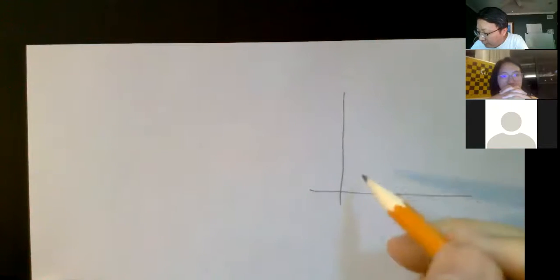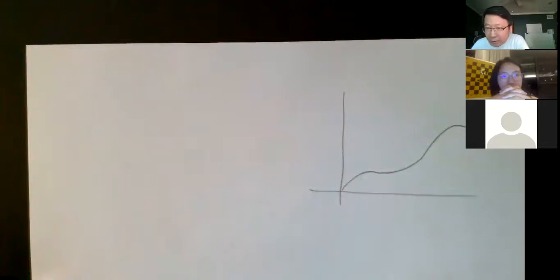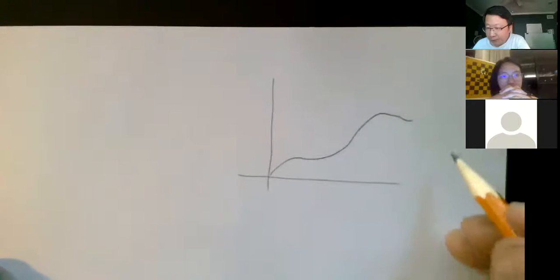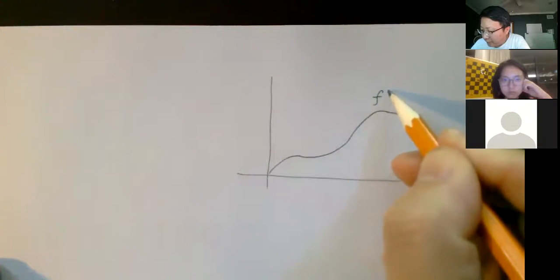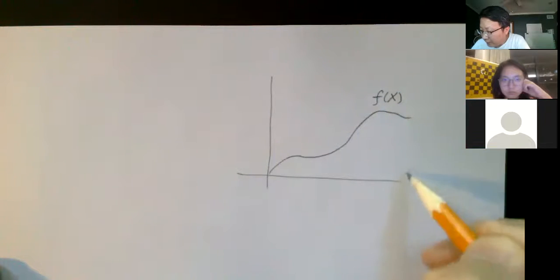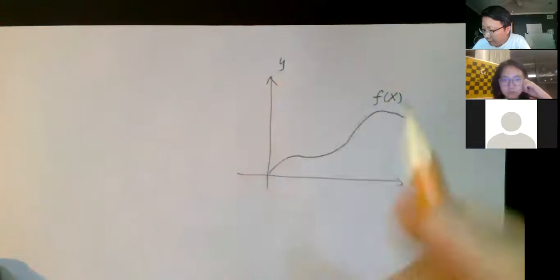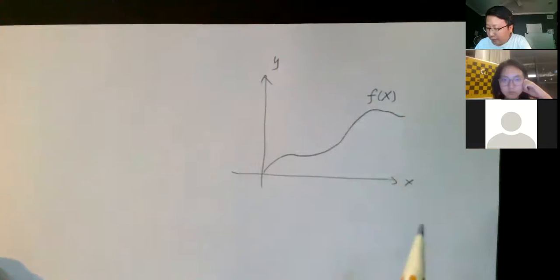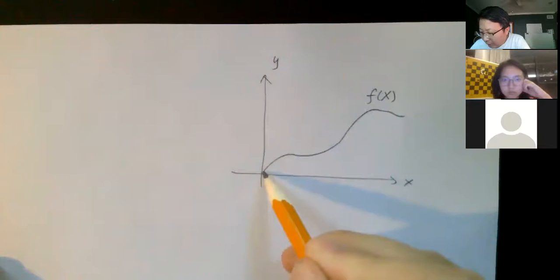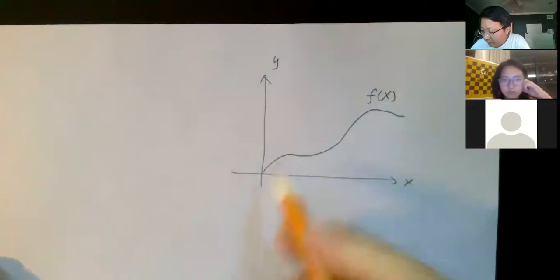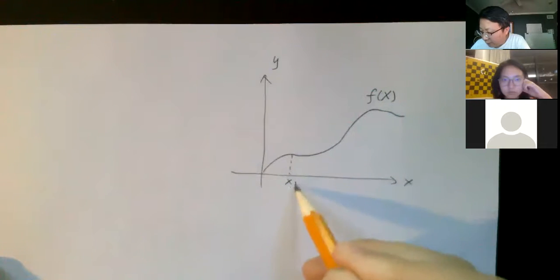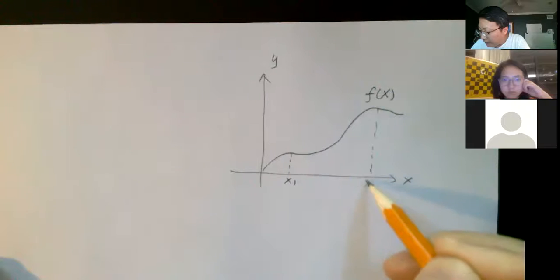Let me give you an example. Let's say we have a rope, a curve, or an arc. This is a function f of x, say this is x and this is y. We want to know how long this curve is, from, say, x1 to x2.